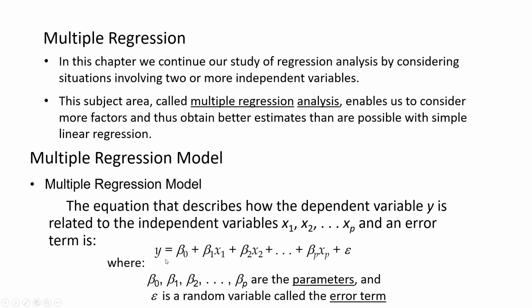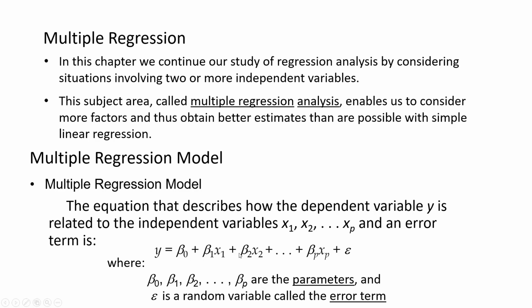You can see from this equation, this is our dependent variable, this is the intercept, this is parameter 1, the slope for the first variable x1, this is independent variable 2, and similarly if there are three independent variables it goes on until p independent variables, plus the error term, a random variable, whose mean is equal to 0. That is why we generally do not write it in the equation format.